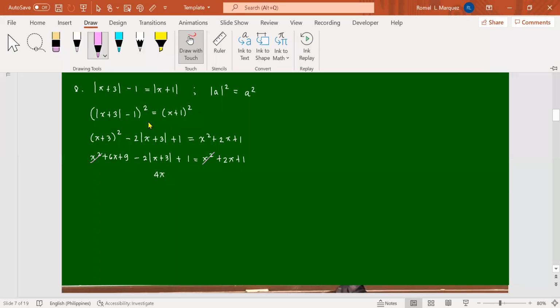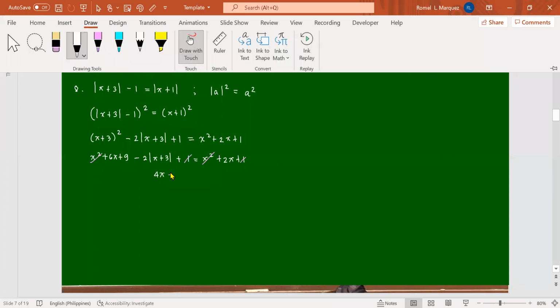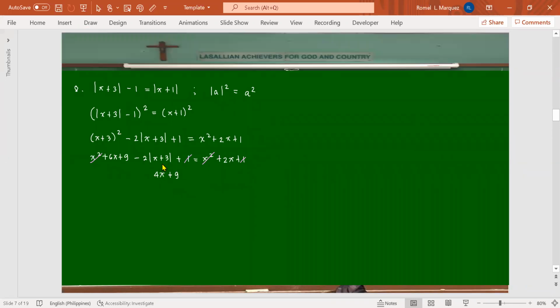Actually, this is also eliminated, no? Terms that are the same on different sides can be eliminated. So we now just have 9. Am I correct, guys? And then that is equal to absolute value of x plus 3.